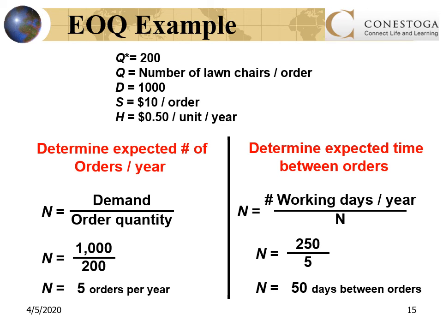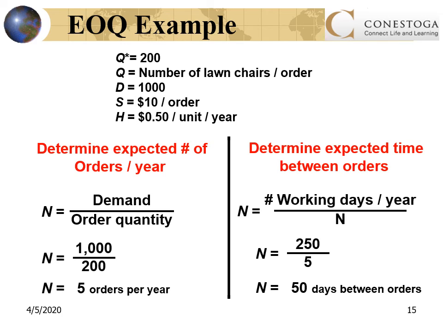Now the third question which can come up is, determine the expected time between orders. The first thing I found out is the EOQ, the second thing is the number of orders each year, and the third thing is the time between two orders.